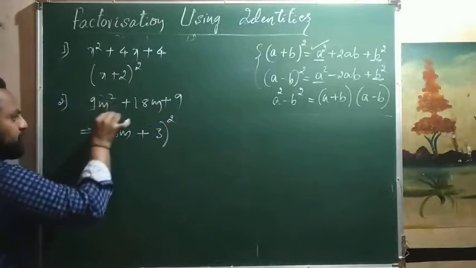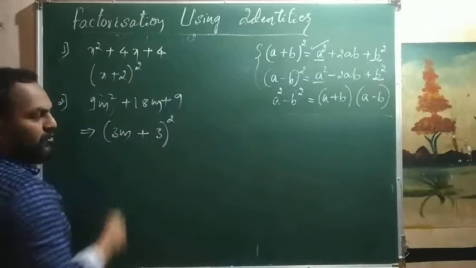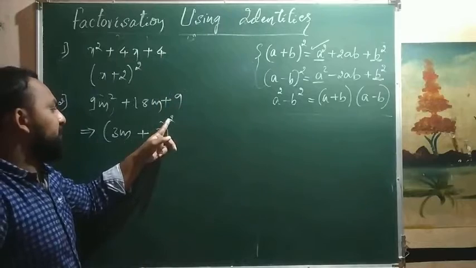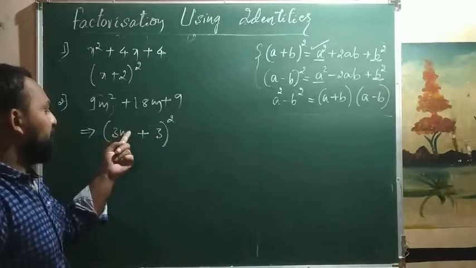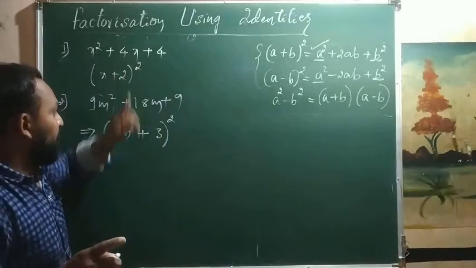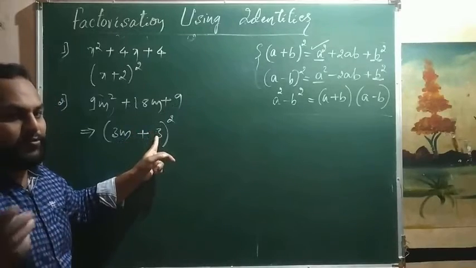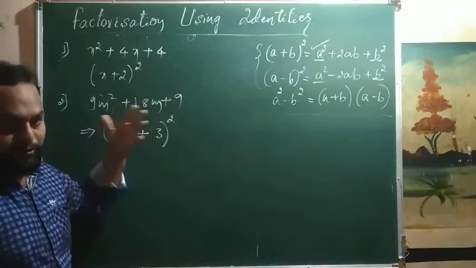Here this is a square and b square, so a plus b whole square is a square plus 2ab plus b square. A is 3m, and 2 into 3m is 6m, 6m into 3 is 18m, plus b square. The square root of 9 is 3. So it is 3m plus 3 whole square.